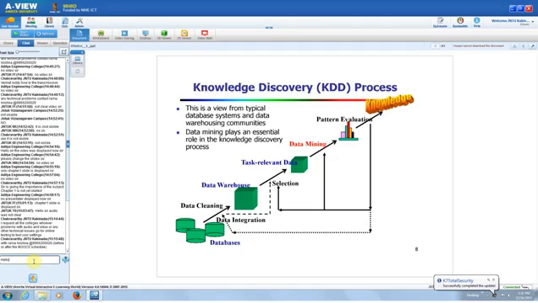Got it? Then once it is there in the warehouse, what is this task relevant data? Task relevant data means the data that is needed for your analysis only. That is the task relevant. So once the data is there in the warehouse, can you use it straight away? Because I said, yes, the point of sale transaction is the grain level data: your rice quantity, unit price, and total price.